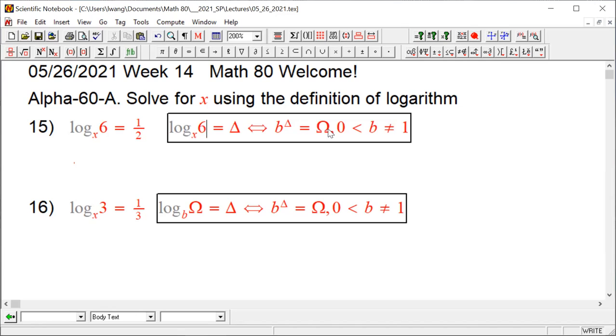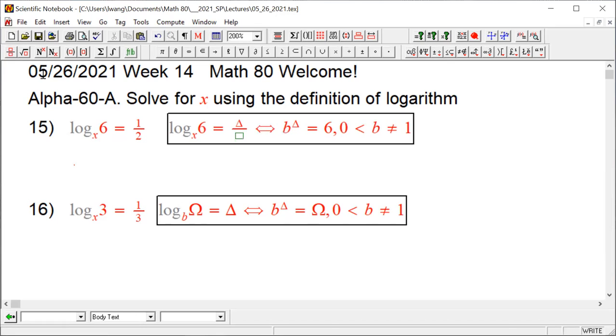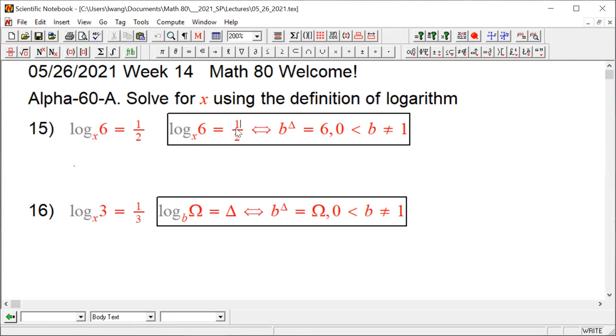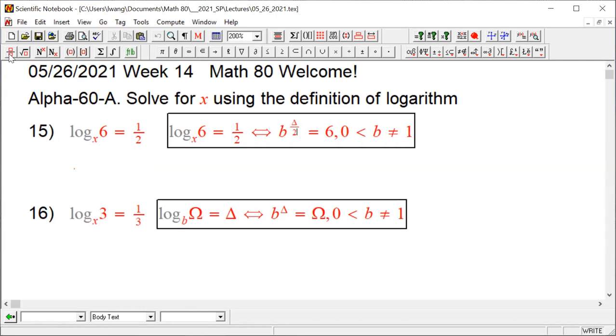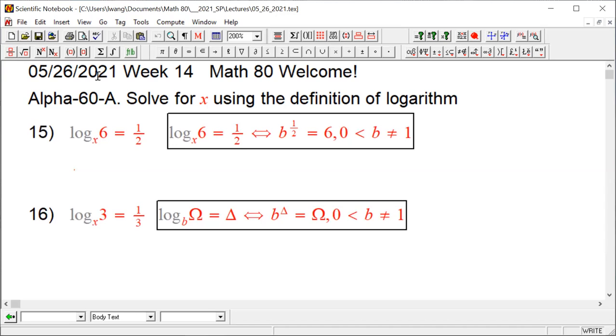So this is 6. The quantity at the place of triangle is half. So this quantity is half. And the base, of course, is x.